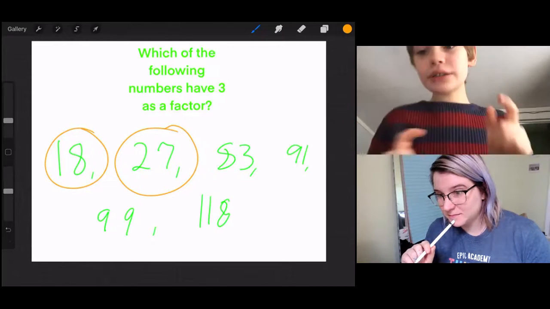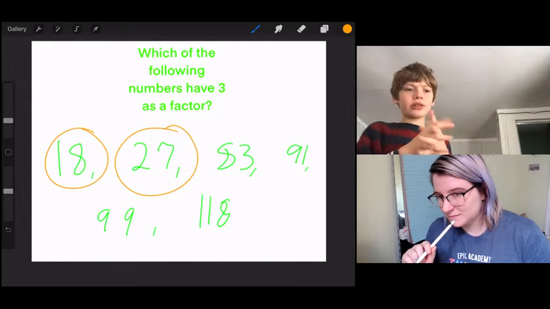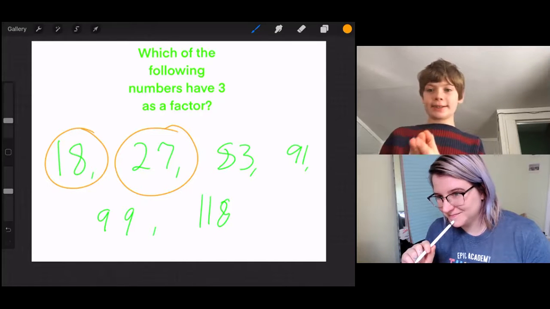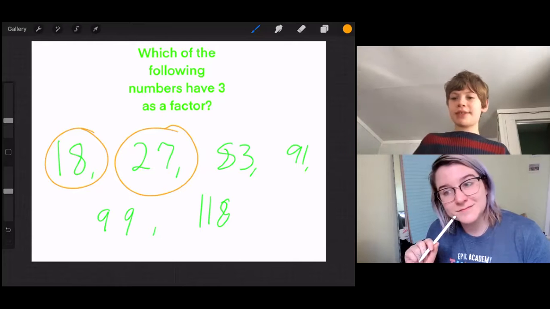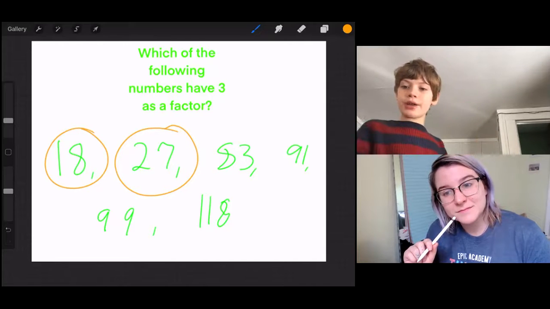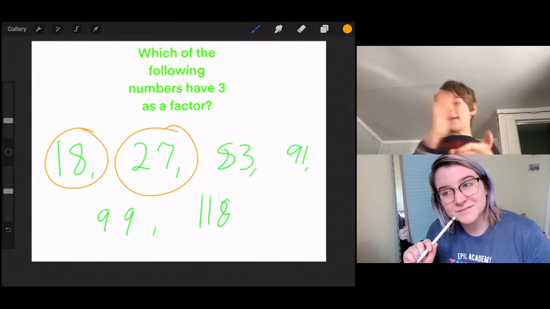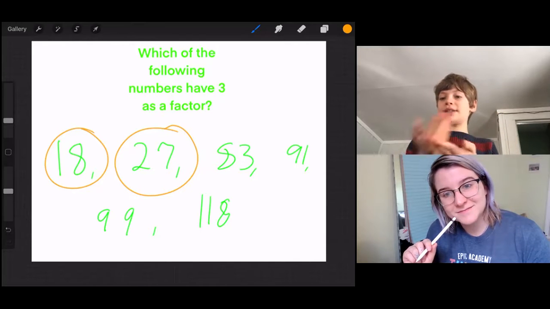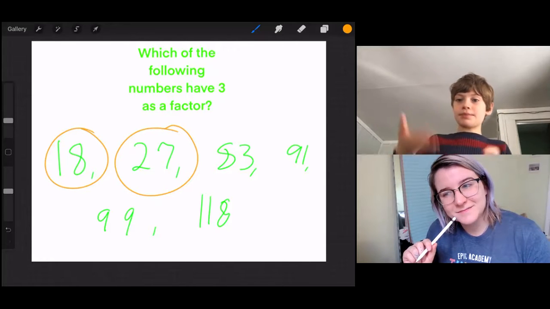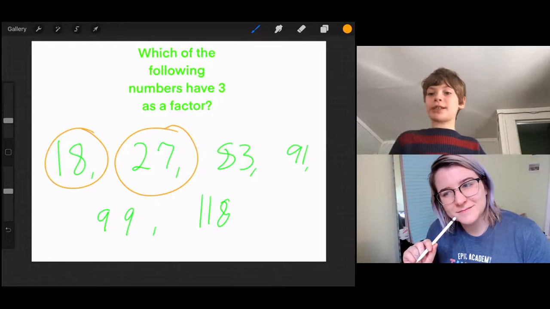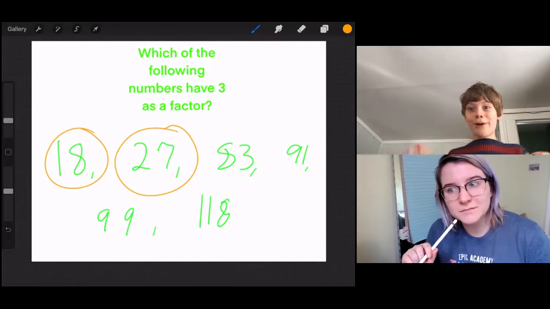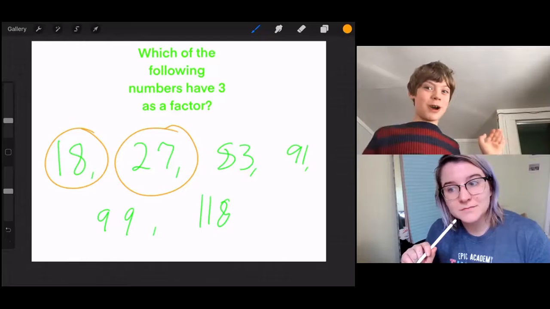We would know that 20 times 3 equals 60. So we now know that the number is above 20.